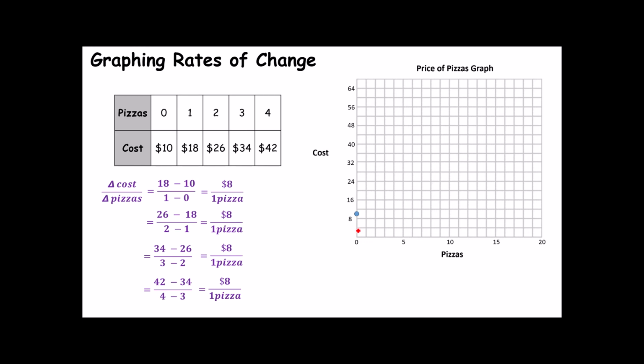It's $10 for 0 pizzas. I go up to $18 when I buy 1 pizza, $26 for 2 pizzas, $34 for 3 pizzas, and $42 for 4 pizzas. Notice those all fell in a straight line. This is a linear pattern because it does have a constant rate of change.